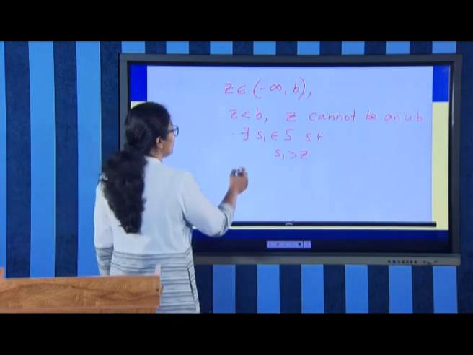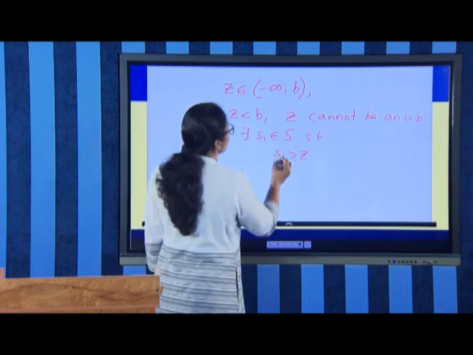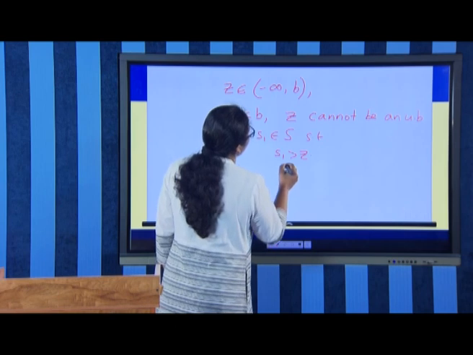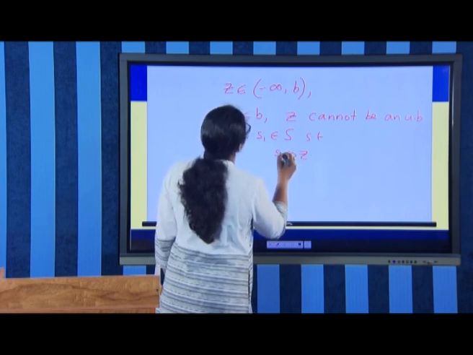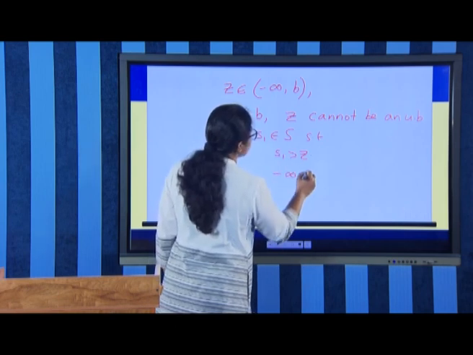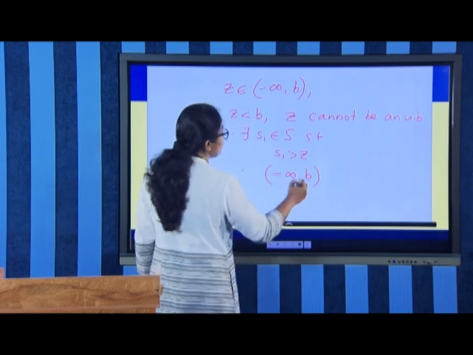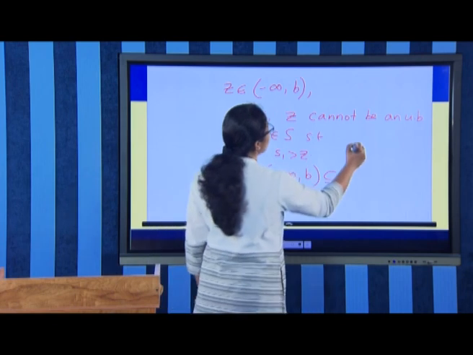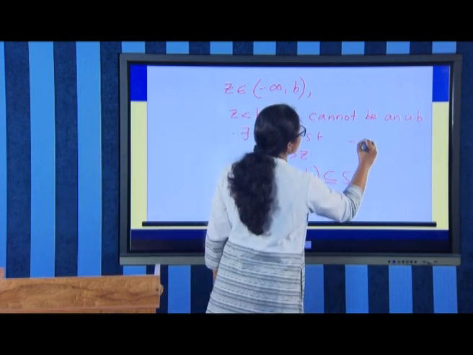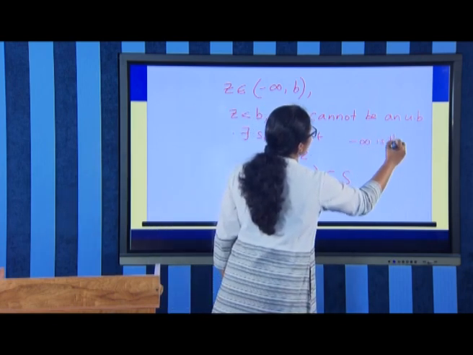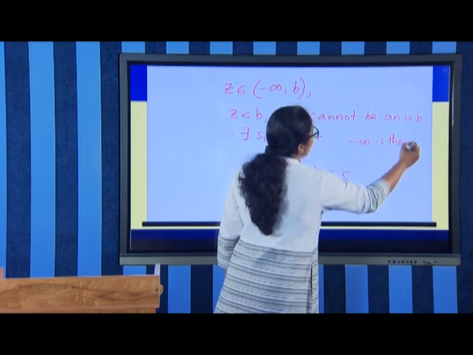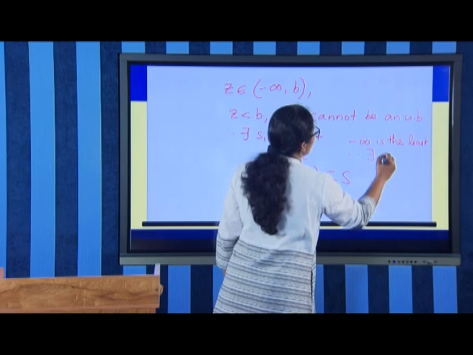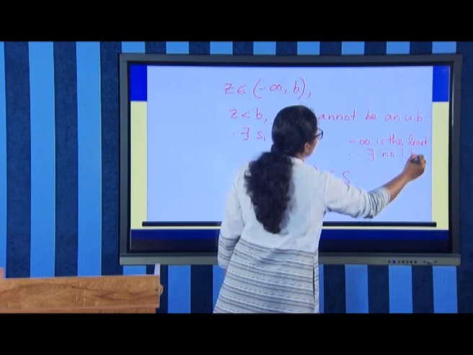Therefore, there exists an S1 in S such that S1 is greater than Z. So minus infinity B is contained in S, because we can also have minus infinity as the least value. Therefore, there exists no lower bound.